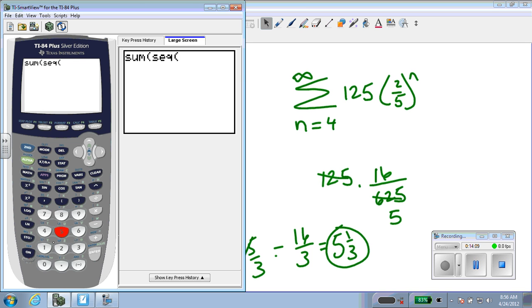Okay, so we have 125 times 2 divided by 5 raised to the x, comma x, comma, from the fourth term through, I'm going to stick with 60, it's been good to me.